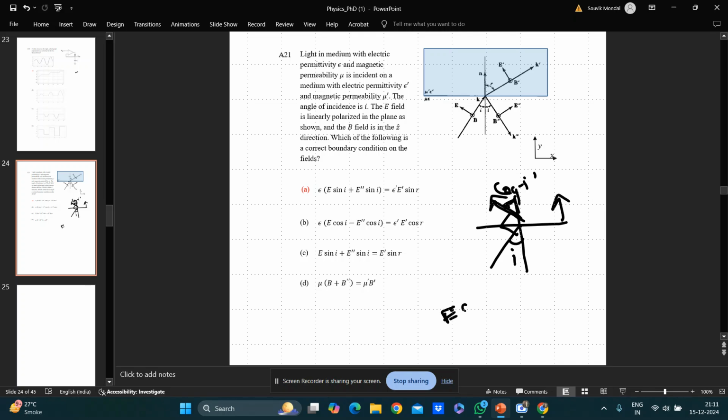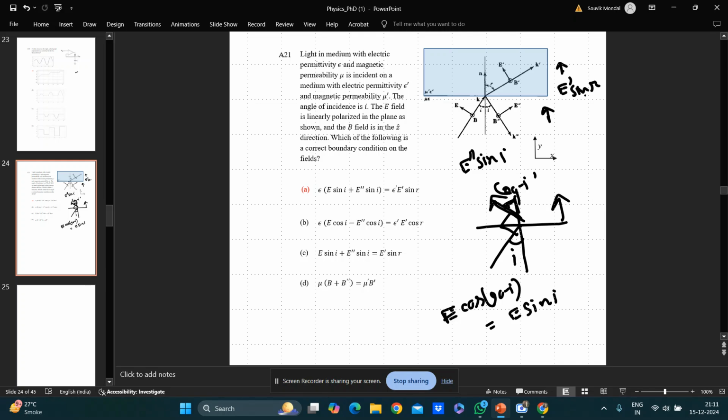The perpendicular component is E cos(90 minus I), that is E sin I, right? Similarly for E prime also, the perpendicular component is E prime sin R.